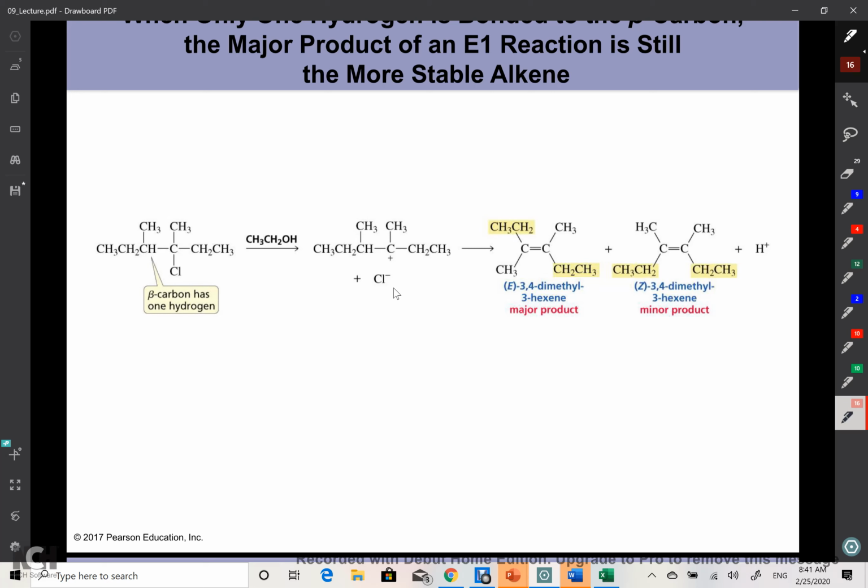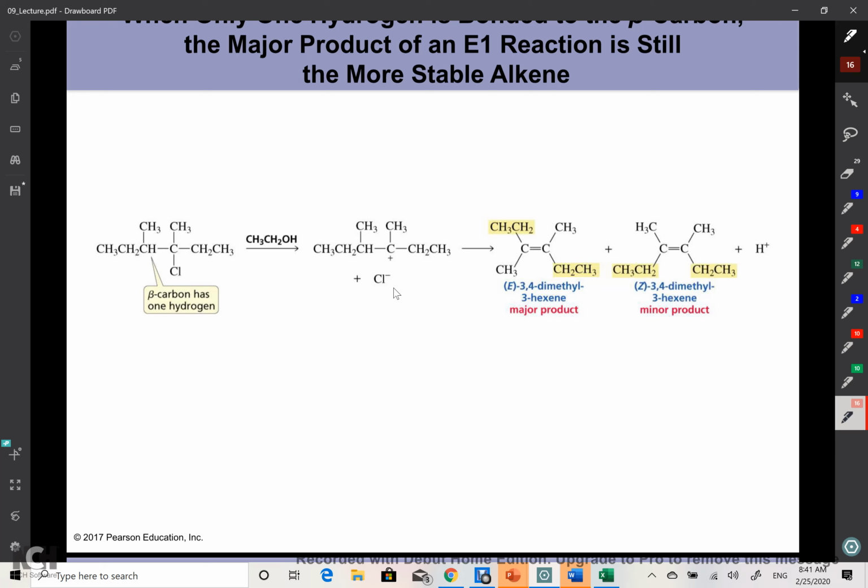The E1 goes through the formation of a carbocation, right? And so if you go through the formation of a carbocation, the molecule becomes flat. Remember the same story with an SN1. In terms of stereochemistry of an SN1, we say you can have inversion and retention because the carbocation is flat. And so if the carbocation is flat, it doesn't matter. In that case, it will choose the structure that will lead to the formation of the more stable product.